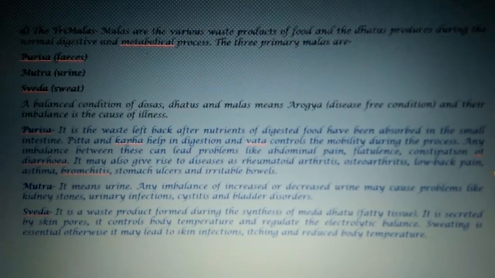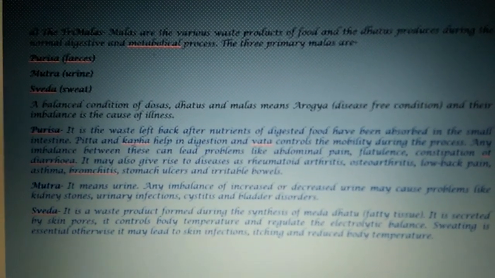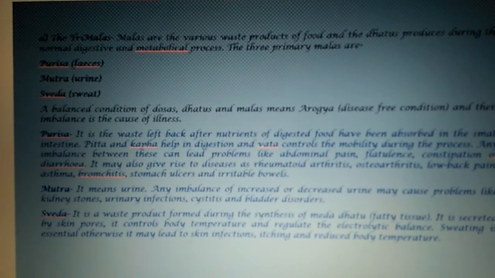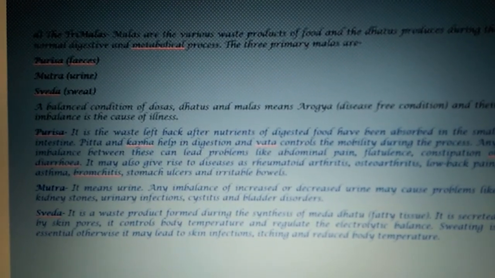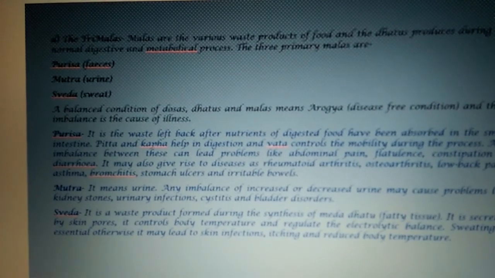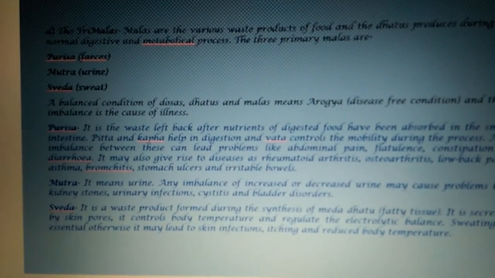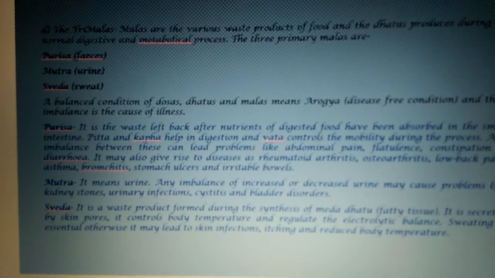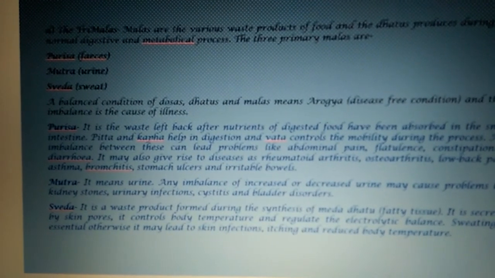Discussing Purisha, it is the waste left behind after the nutrients of digested food have been absorbed in the small intestine. Pitta and Kapha help in digestion and Vata controls the mobility during the process, that is, it controls the movement of the digestion.